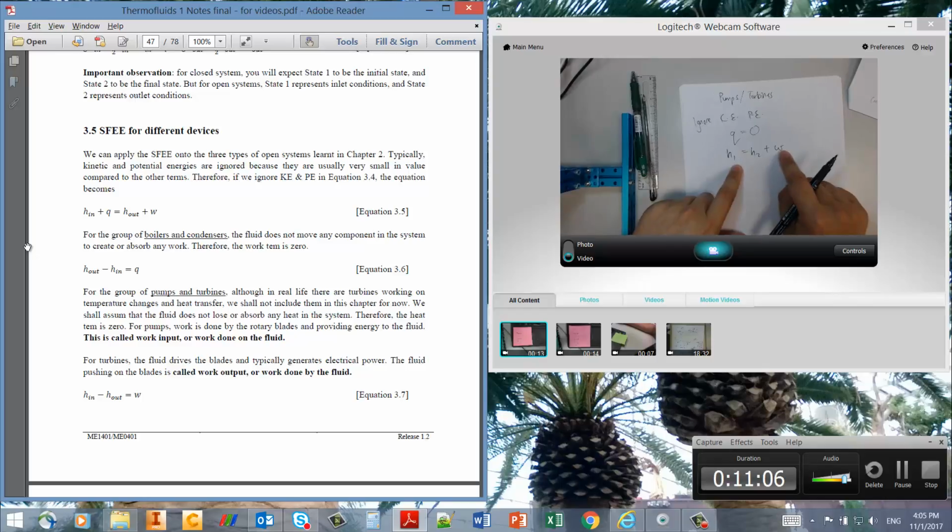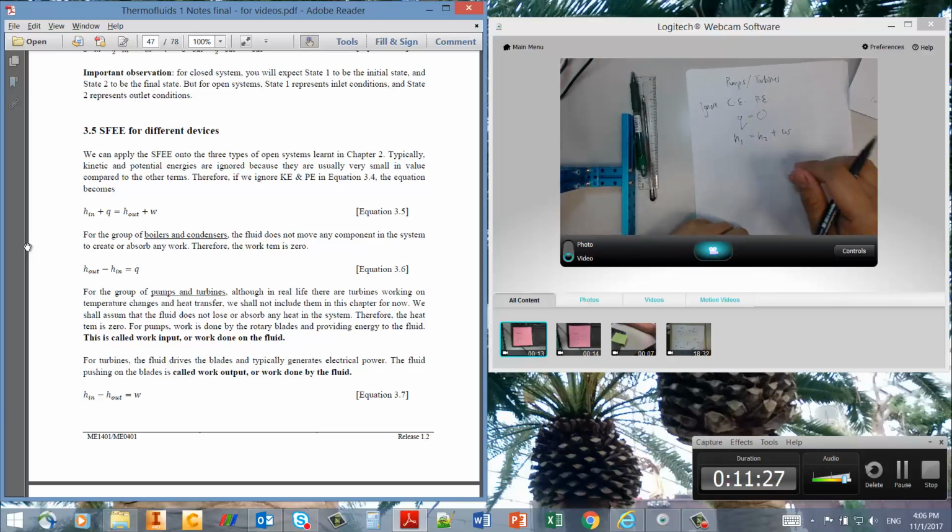If this is a turbine, your W will be positive, then it will mean that your H2 is smaller than H1. But if it's a pump, the work done is actually on the fluid, so W is a negative value, then it will mean that your H2 will end up bigger than H1. Just take some time to think about that.